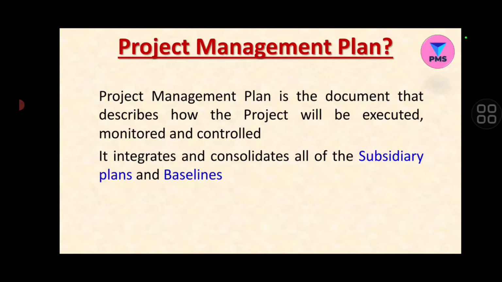That means whatever project knowledge areas we have, like risk management, quality management, procurement management, and HR management, will each have a subsidiary plan, and these subsidiary plans will be the content of the project management plan if it is a complex project, as I told you in my introductory address. And also the baseline. Baselines are the timeline of the milestones, or the start and the end of the project, covering all the milestones, which are initially set by the project stakeholders or by the project team.